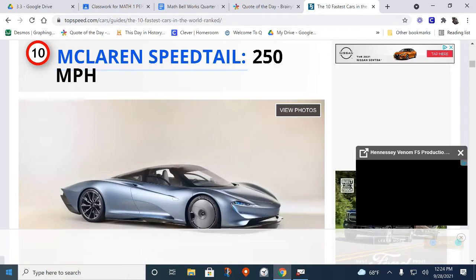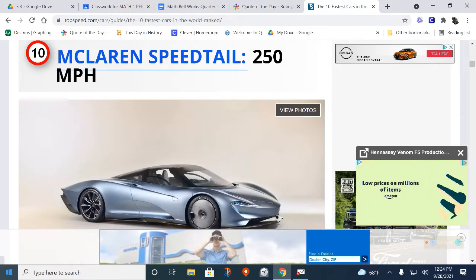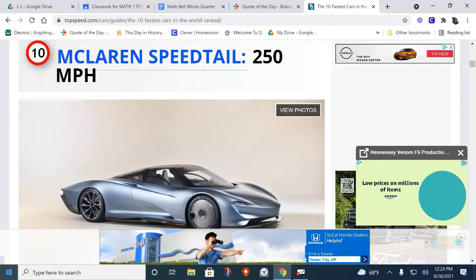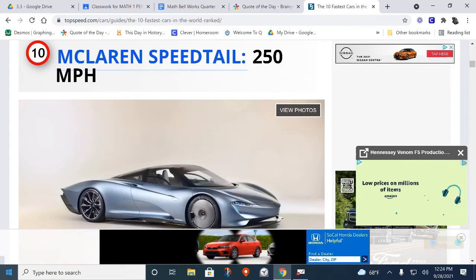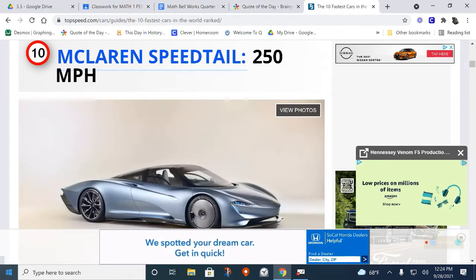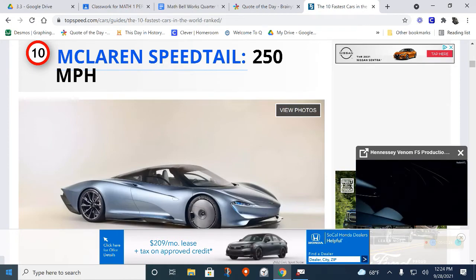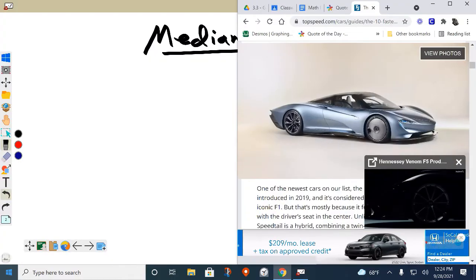Let me go ahead and write it down first. We're going to find the median here. Let me actually split the screen here. That would be a better idea. There we go.